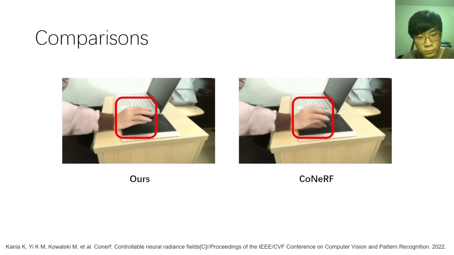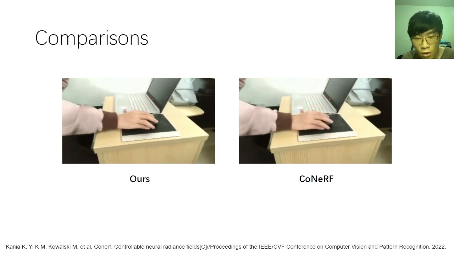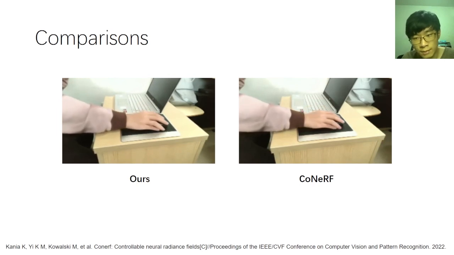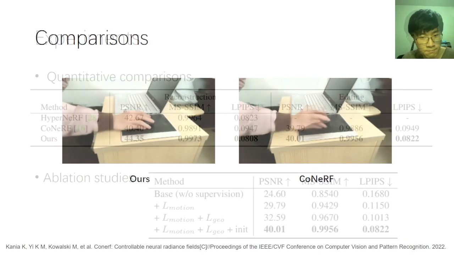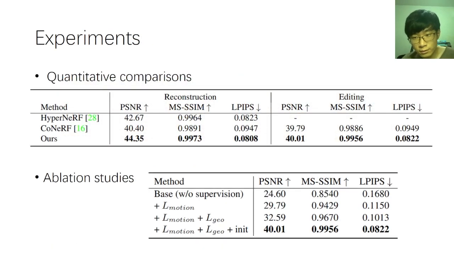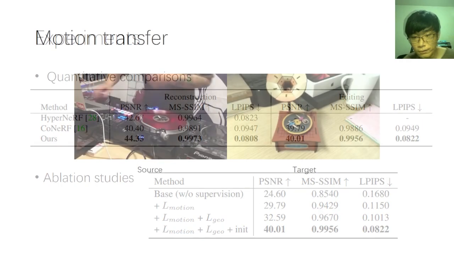CoreNeRF only supports one-dimensional editing and requires user annotations, while our method supports up to 3-dimensional editing without manual supervision. We also perform quantitative comparisons on a synthetic dataset, and ours reaches the best performance. Some key designs are also evaluated in our ablation studies.